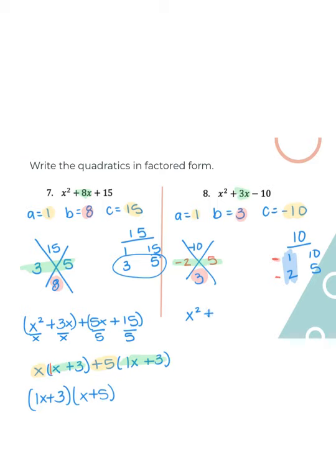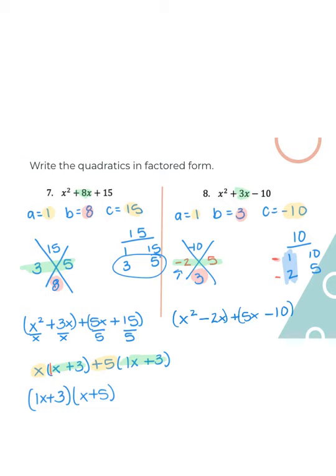Let's just start over. Okay, so I'm going to start with x squared. And because this is a negative 2, I'm going to say minus 2x plus 5x, and then I'm going to end with my c, which is a negative 10. I'm going to group these two together and group those two together.